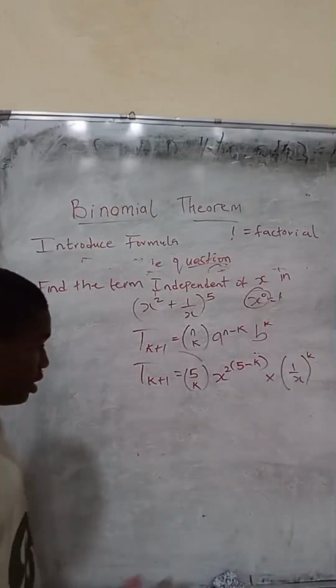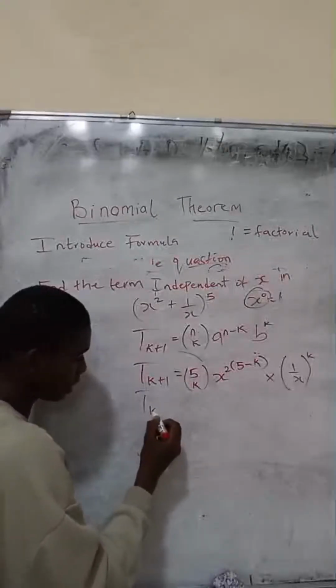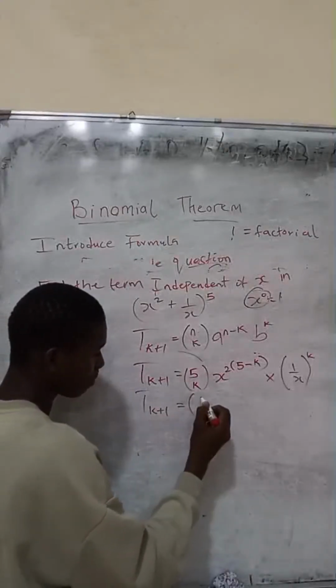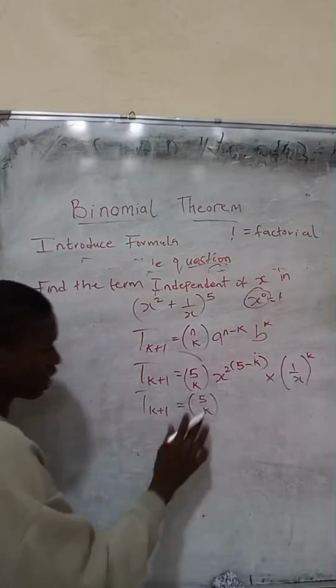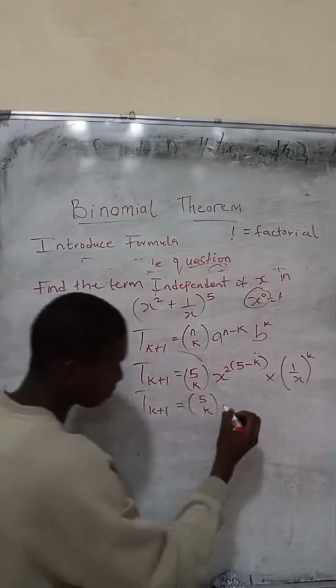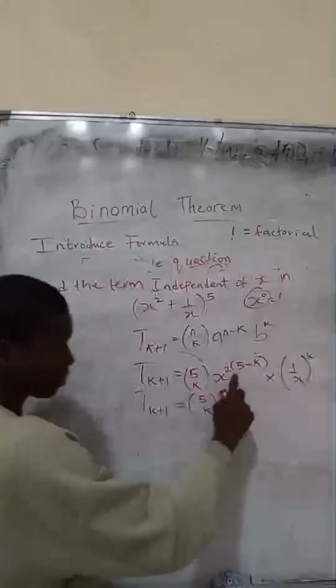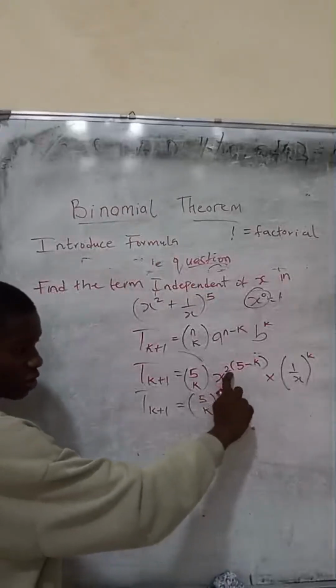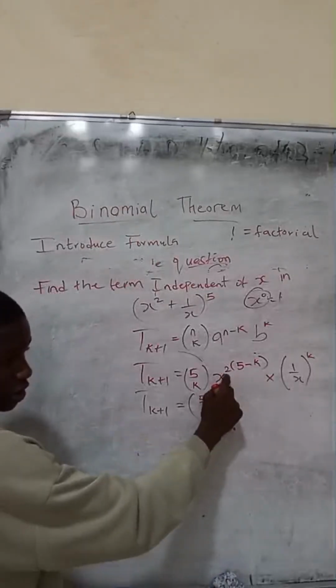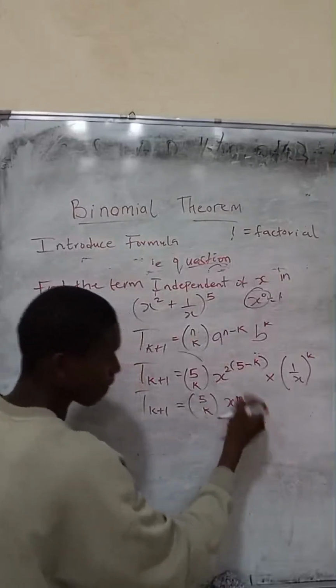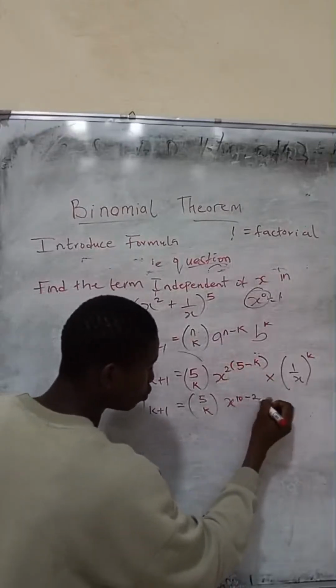So from this point, T sub k plus 1 is then equal to 5 choose k times x. Whenever we have something like this in indices, we multiply all through: 2 times 5 gives 10, and 2 times minus k gives minus 2k.